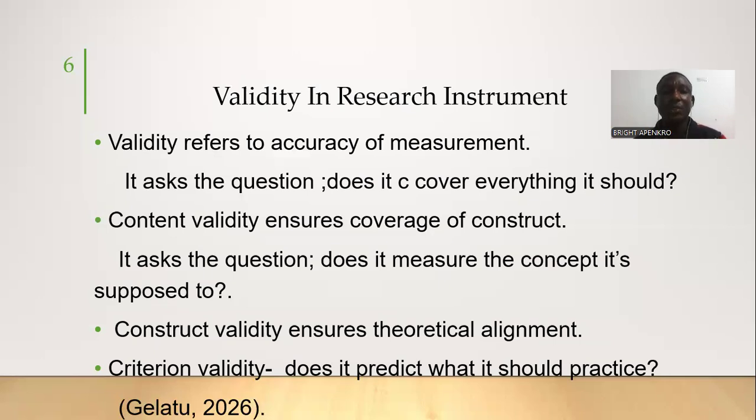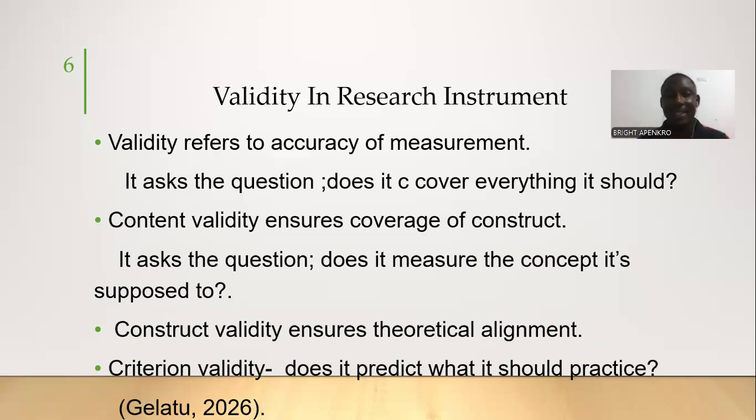It asks the question, does it measure all the concepts you are supposed to? Are you able to ask questions on all the concepts? Then construct validity ensures theoretical alignment.